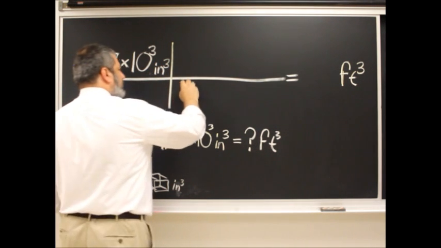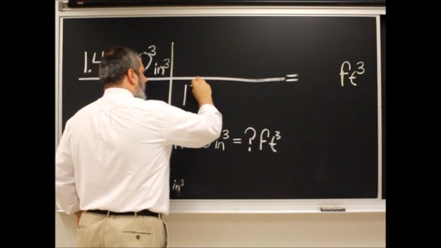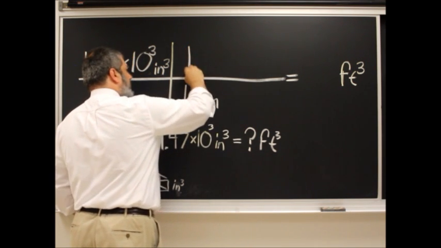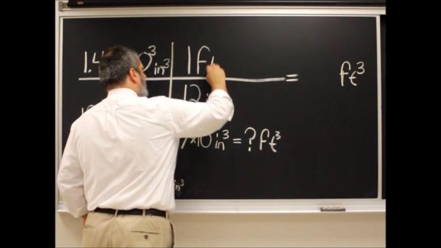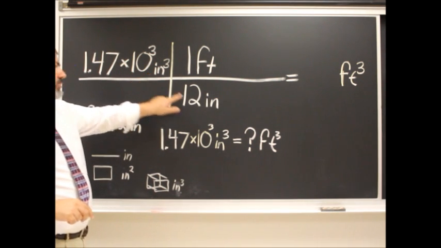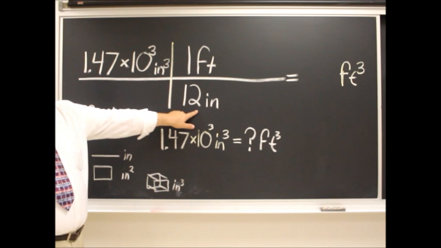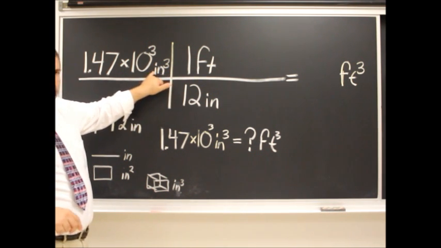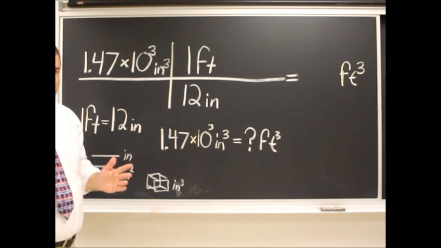Cubic inches on top, so 12 inches is equivalent to 1 foot. Cubic inches does not completely cancel with inches, because at this point I would have square inch times foot. That's not right.